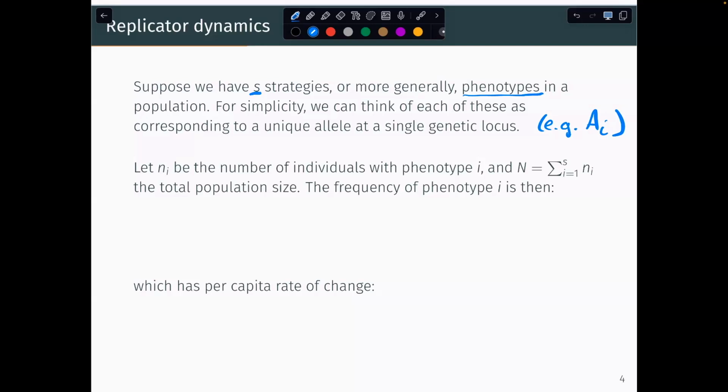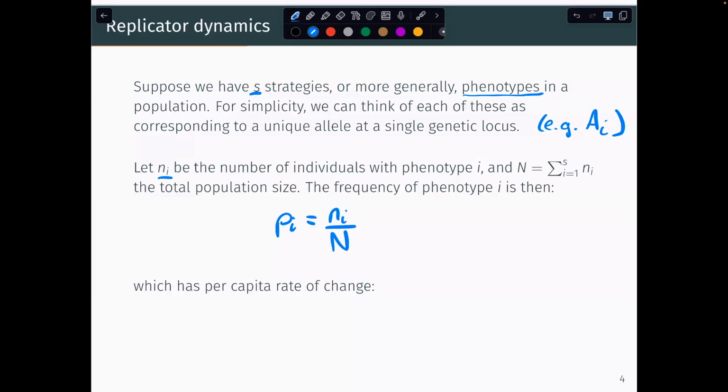So if we let n_i be the number of individuals with phenotype i, and capital N be the total size of the population, so just the sum over all of the S different phenotypes, that's going to be our total population size. Then, pretty straightforward, the frequency of phenotype i, p_i, is just going to be n_i over N.